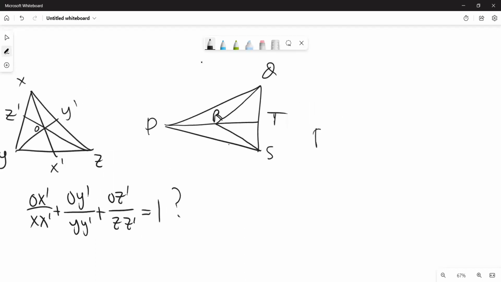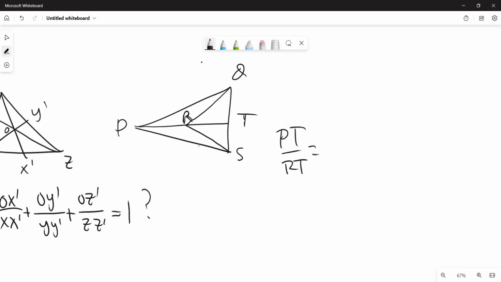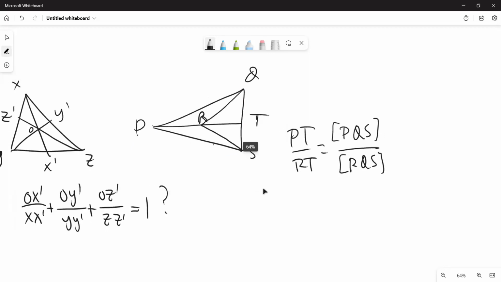Then PT over RT is just the area of PQS over the area of RQS, right? Because they have the same height and the same base. You can analyze it that way.